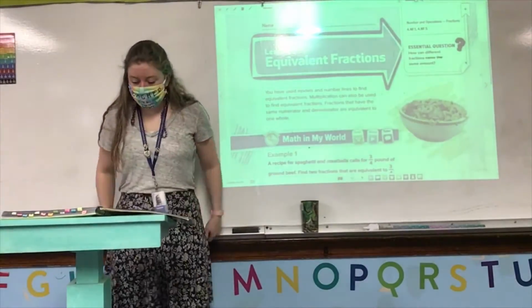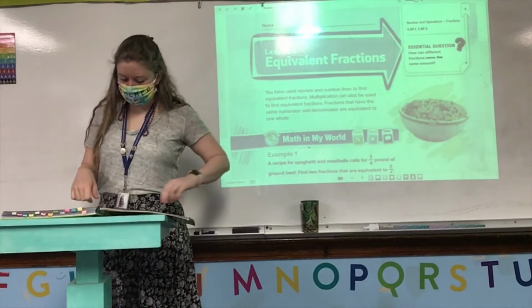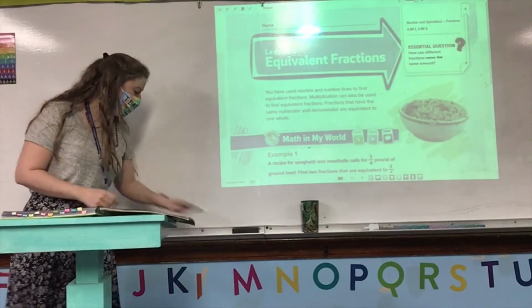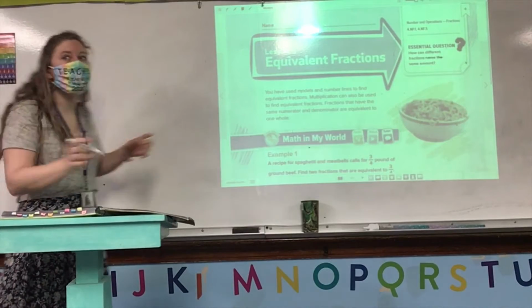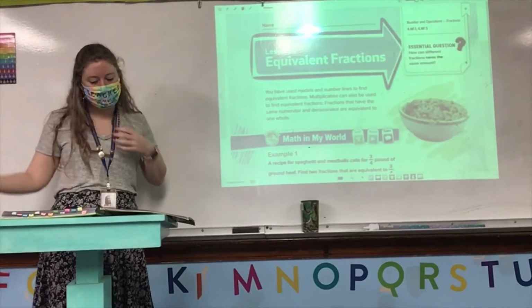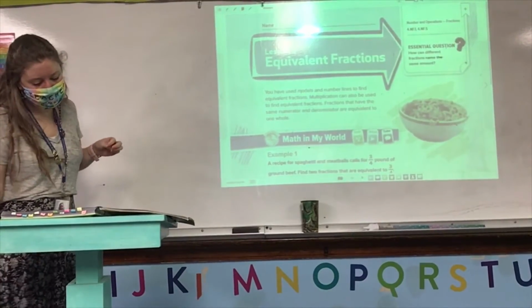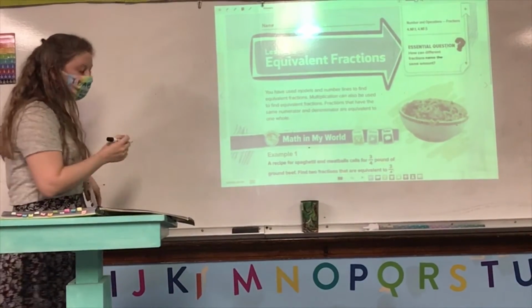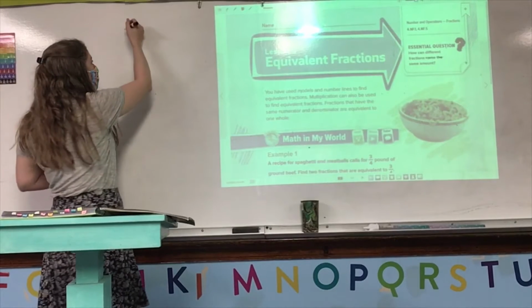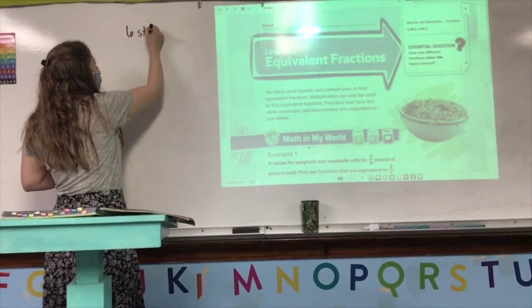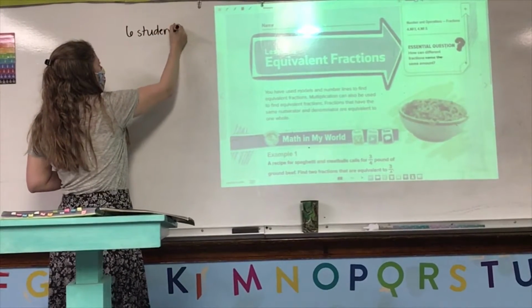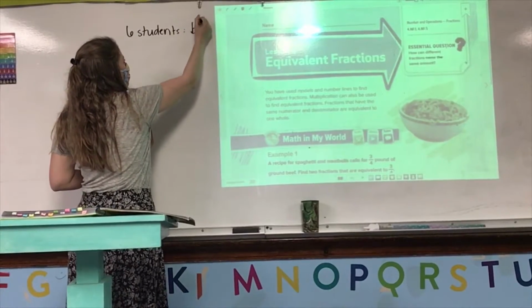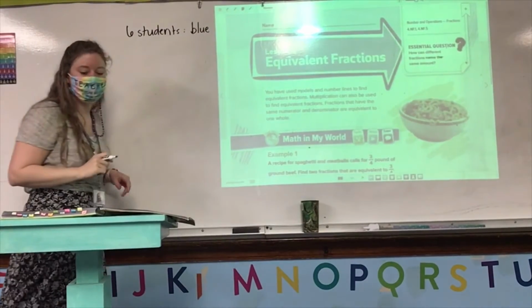So yesterday we used models to find equivalent fractions. Let's pretend that you guys each have cards. Six of you have a blue card.